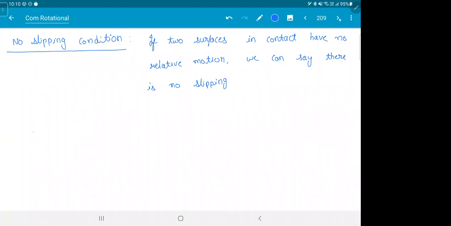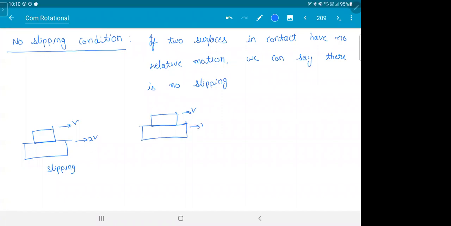You're getting it? So, for example, if this is going with V and this is going with 2V, they're slipping because there's a relative motion. They'll skid over each other. But if this is going with V and this is also going with V, there is no slipping. So we are interested in the velocities at the point of contact.